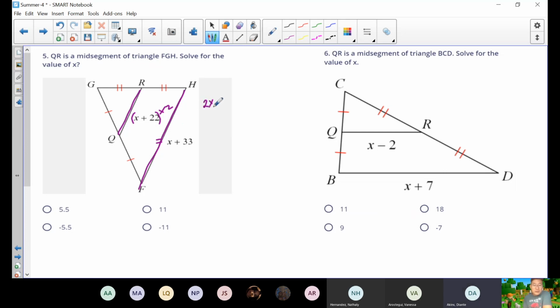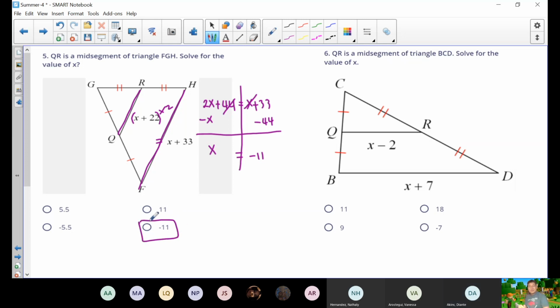So this is 2x plus 44 equals x plus 33. So I cross out negative x, cross out negative 40. Think about it. This part, x alone. This part, negative 11, right? So the answer is negative 11. Got it?